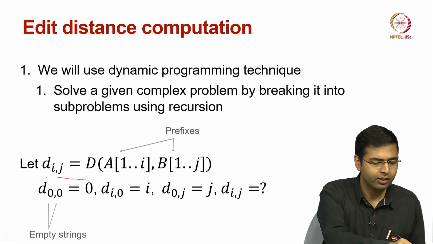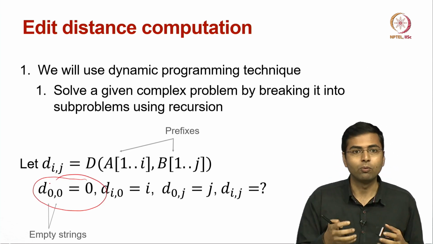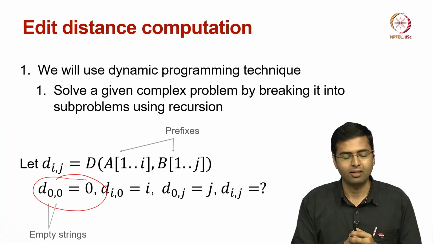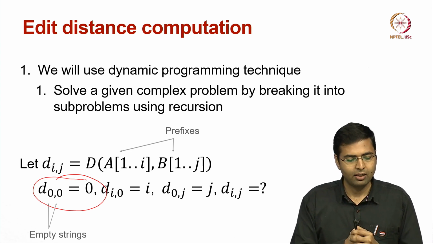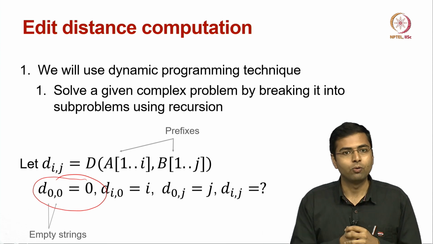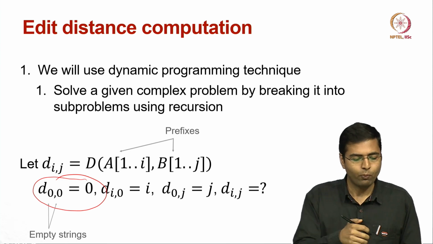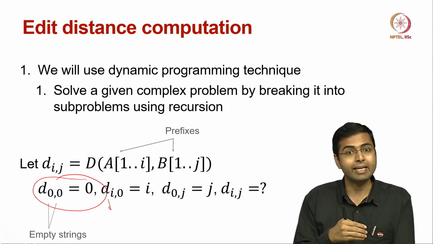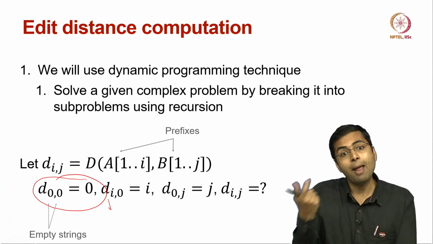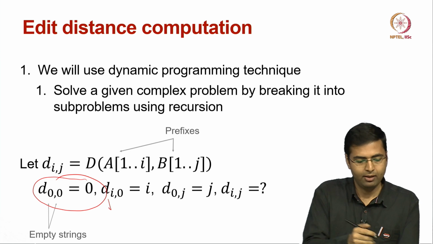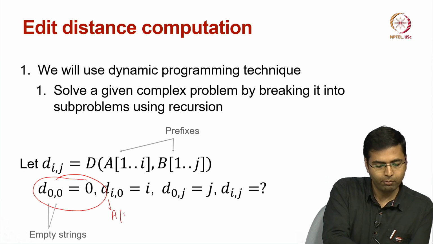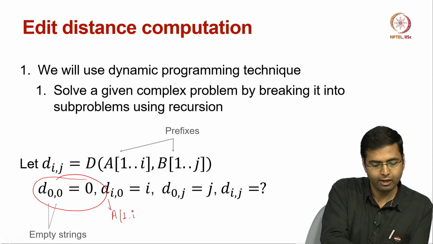Therefore, d(0, 0) is 0, that is trivial, I do not need any algorithm for solving that. Now, what about d(i, 0)? That means the edit distance between a prefix of sequence A and an empty string.